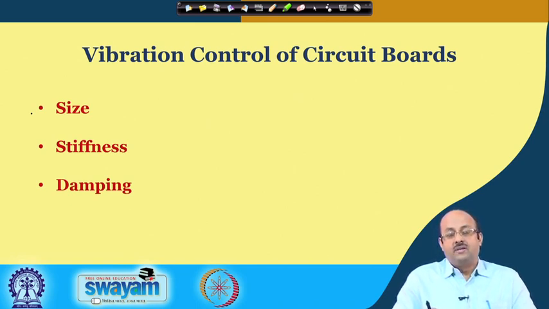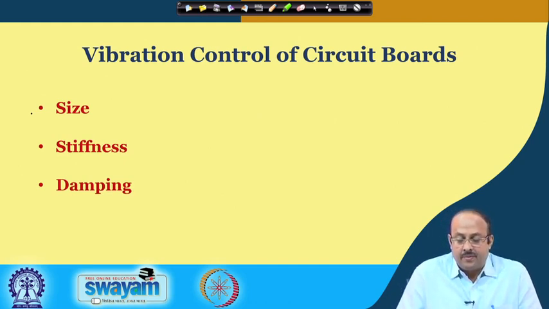One particular structure which is prone to vibration to a large extent is the circuit boards or the PCBs. And circuit boards, we have learnt in the last class, are continuous structures.